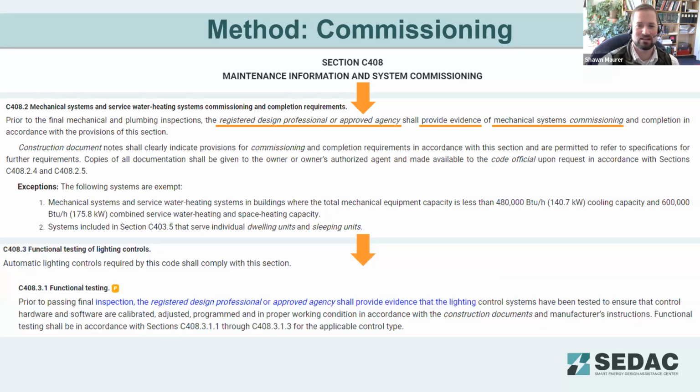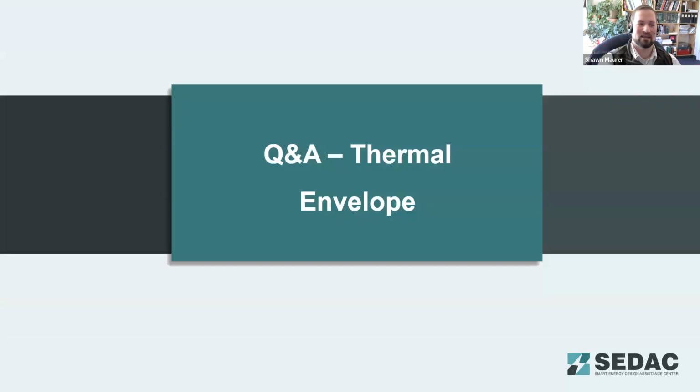As far as who does that approval, it's whatever's acceptable to the authority having jurisdiction. So usually it's going to be the code official. Same thing applies to functional testing for lighting controls. Again, it states here registered design professional or approved agency. So you have the option. It's not mandated that you have to use a third party to do that.